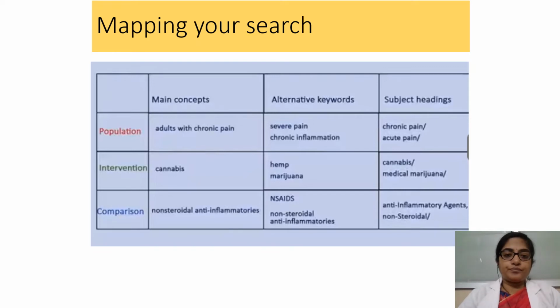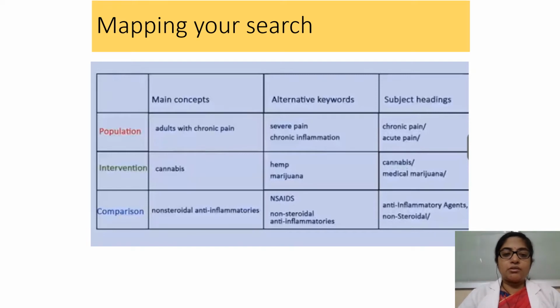Now let us talk about how to map our search depending on a PICO criteria. So let us see, we have a population of adults with chronic pain. Now alternative keywords we have to talk about here, that is severe pain, chronic inflammation, and for that the subject headings may be chronic pain, acute pain.